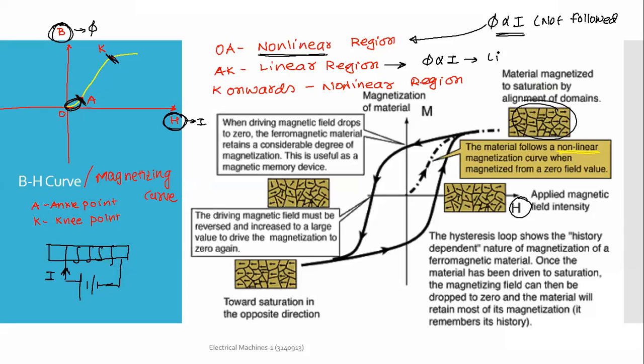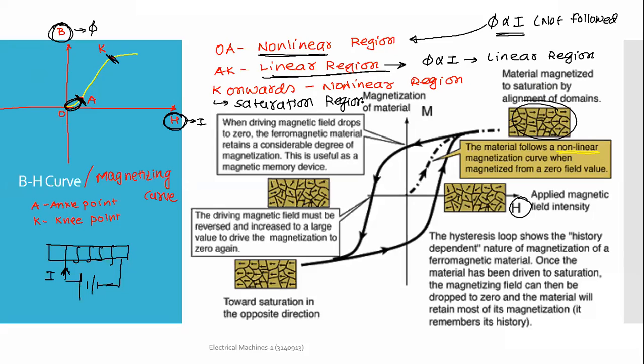So all the machines are designed to operate in this region. It is a linear region. Remember. And K onwards is a non-linear region, also called the saturation region.